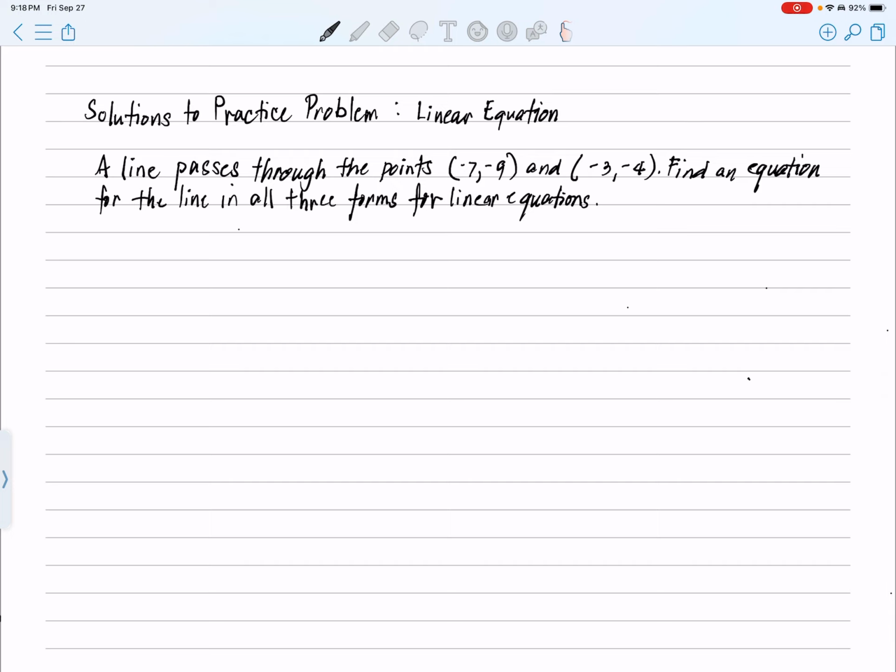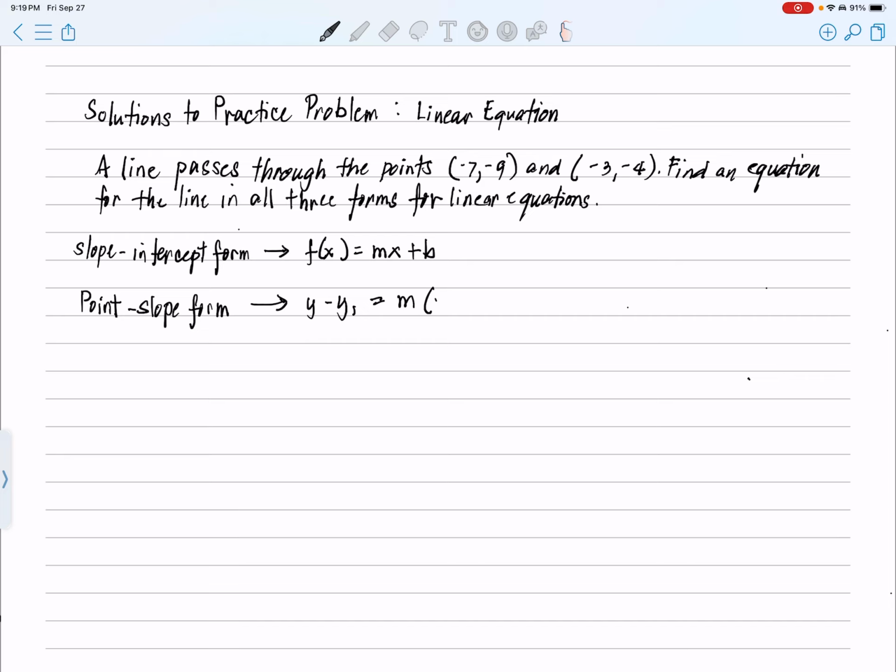Now, to recall, the three forms are the slope-intercept form, that is f of x equals mx plus b. The second one, we have the point-slope form, and that is y minus y sub 1 equals m times the quantity of x minus x sub 1.